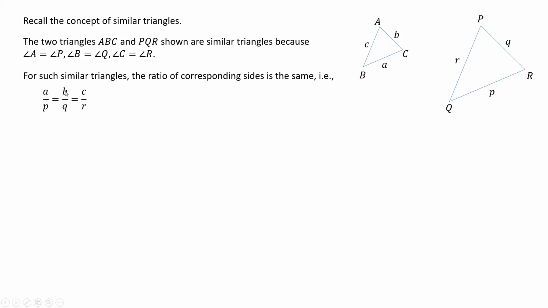So I would have A over B is equal to P over Q. Similarly, A over C is equal to P over R. And if we look at these two things, from that we can say B over C is equal to Q over R. So from this set of equalities, we can actually come up with three other sets of equalities: A over B equals P over Q, and A over C is equal to P over R, and so on. And that is the key.